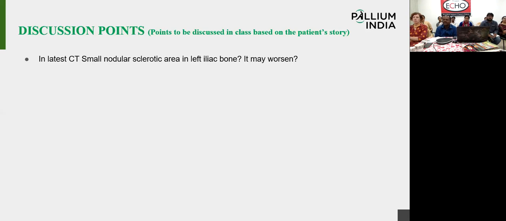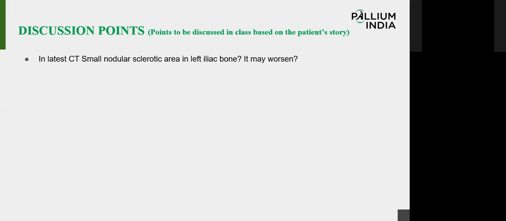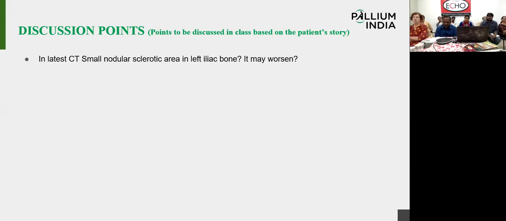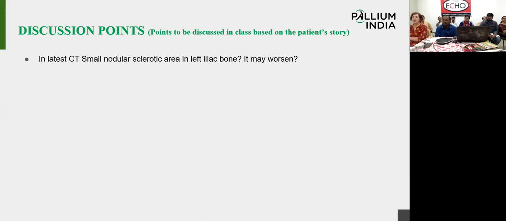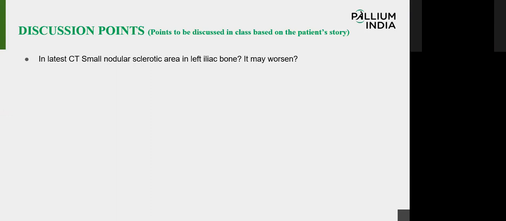Dr. Gaurav, are you there? Can we have some comments on the sclerotic area? I'm thinking that we are actually jumping the gun. Considering the entire scenario she has painted for us, first of all, this CT scan wasn't warranted in the first place.